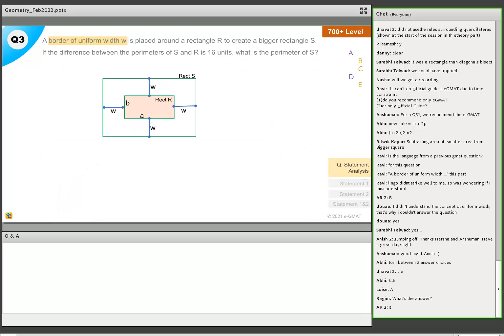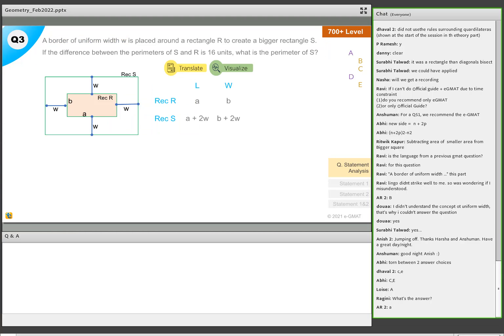Again, do not make the mistake of directly jumping to the statement without analyzing what is given to you here. So, what are you given? The difference in perimeter is 16 units. So, this is the first rectangle, the smaller rectangle. This is the bigger rectangle. These are the sides a plus 2w, b plus 2w. What is the perimeter? 2 times length plus breadth. Here it is 2 into (a plus b). Here it is 2 into (a plus 2w plus b plus 2w).